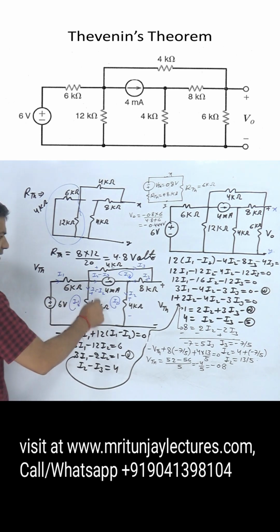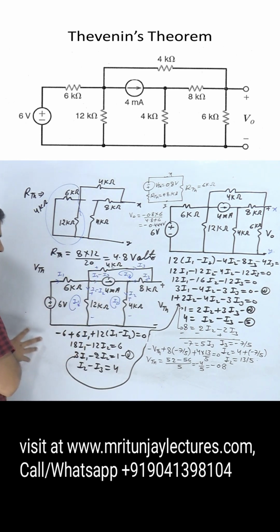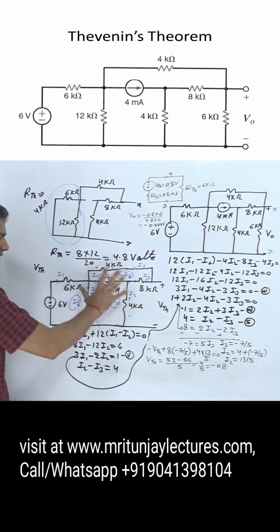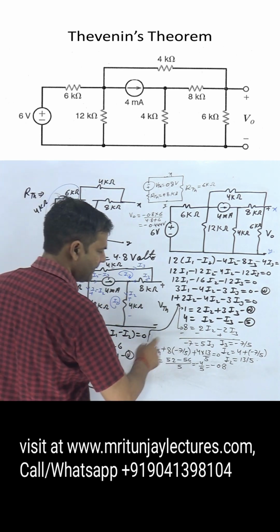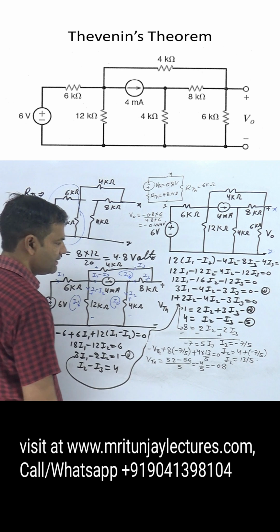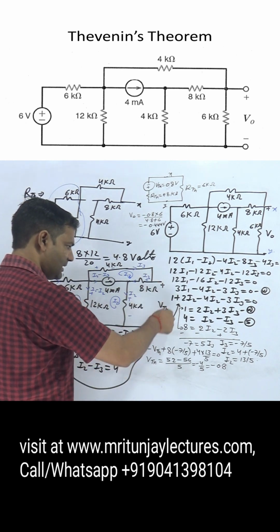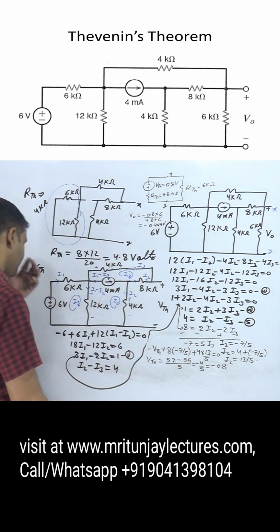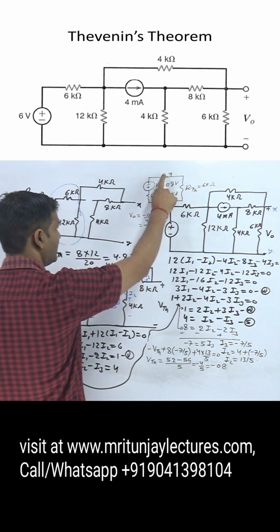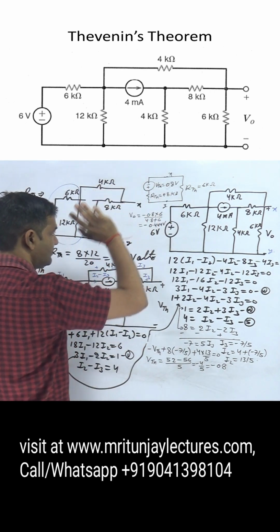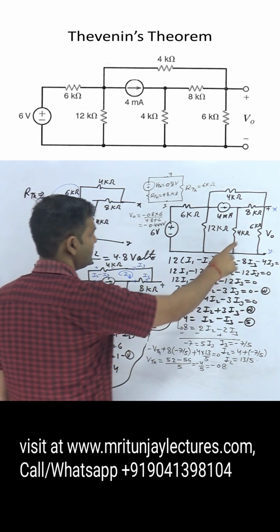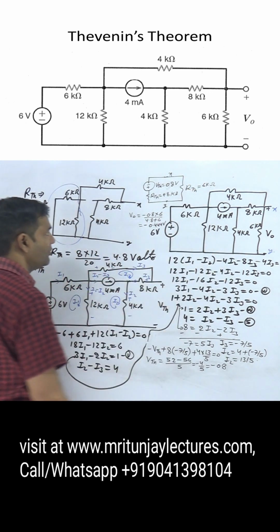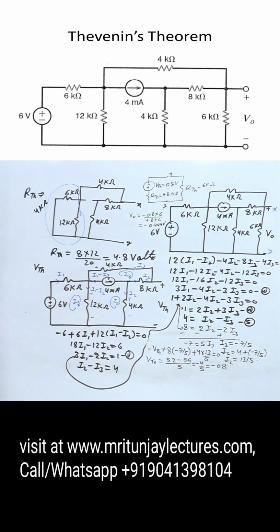Loop current I1, here I2 and here I3. After that apply KVL and we got I1, I2, I3, and again apply KVL in this loop and we got VTH is 0.8. Thevenin equivalent corresponding to XY is made like this one, with the load resistance here, and apply the voltage divider rule and we got 0.44 volt.